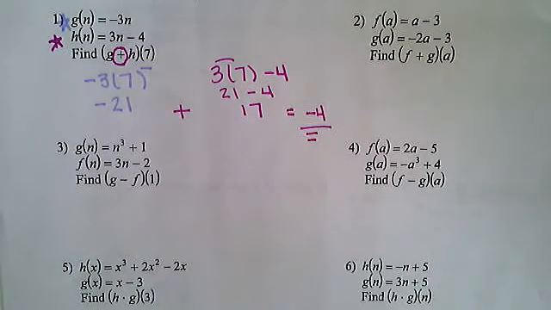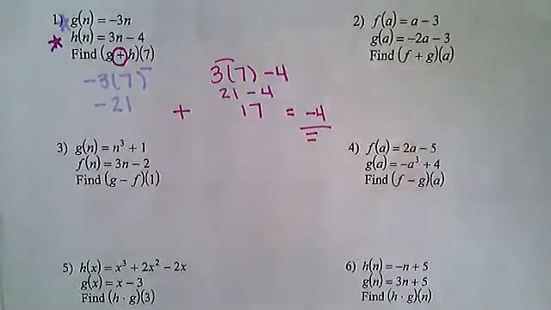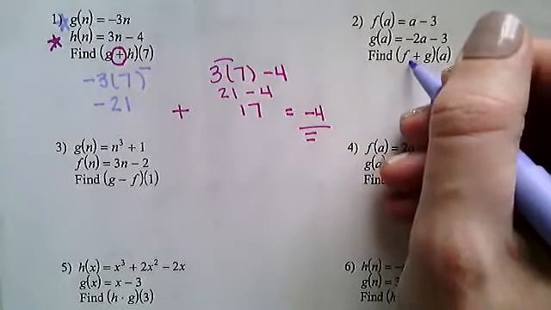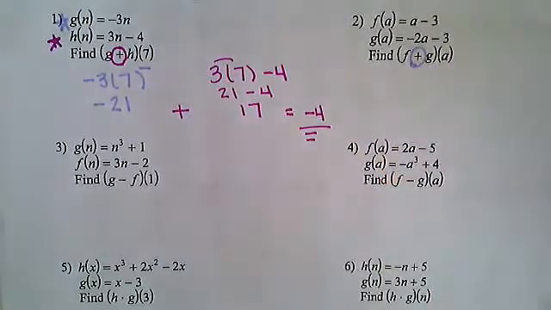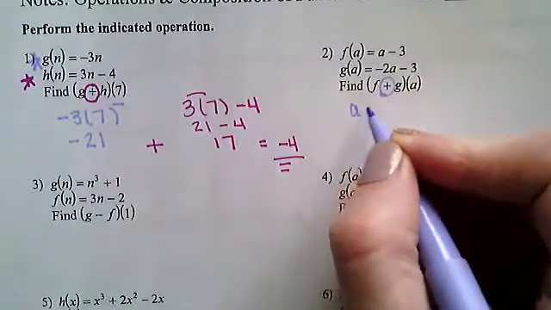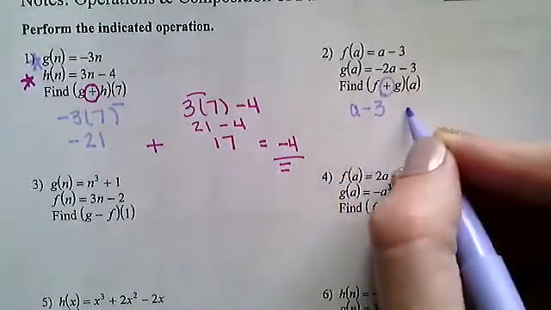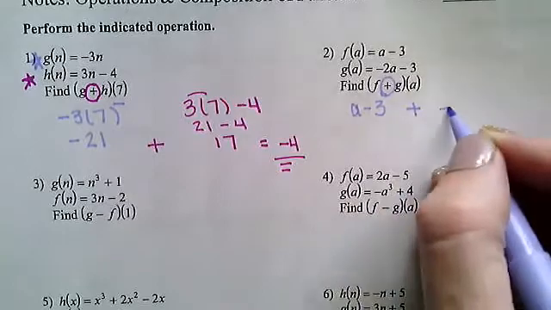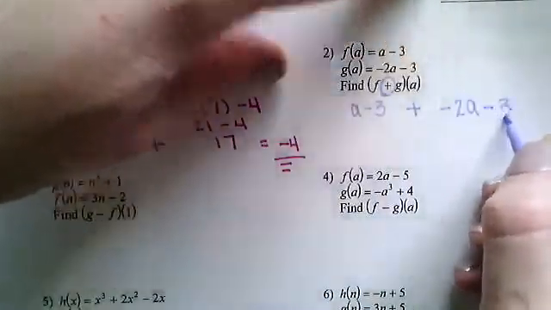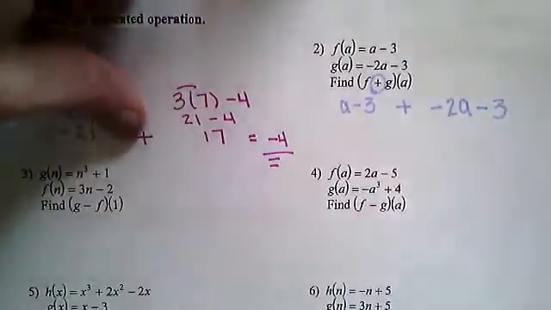For the second example, we have the letter A. So what that means is we're going to be performing this operation, but there's no numbers to plug in. So we're simply going to be adding our equations together. Rather, our expressions without the equal signs.